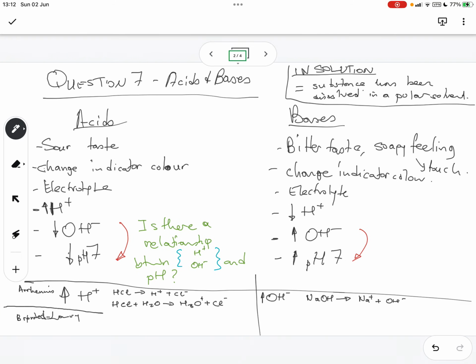And then the Bronsted-Lowry has a different approach, but we'll discuss it now. In Bronsted-Lowry, an acid is a proton donor.